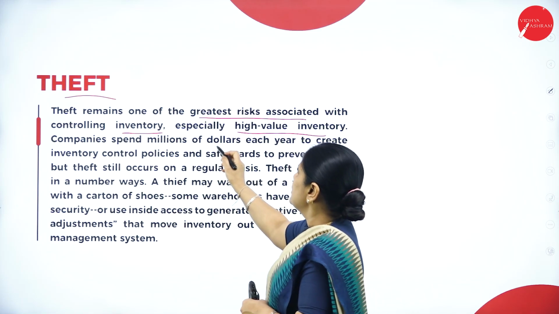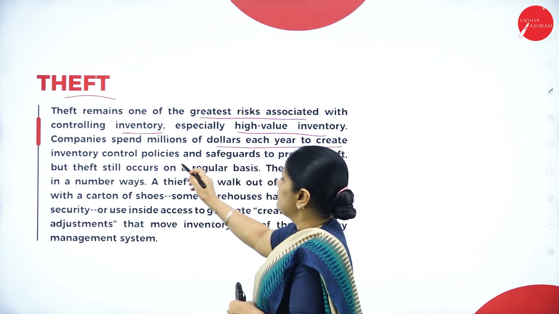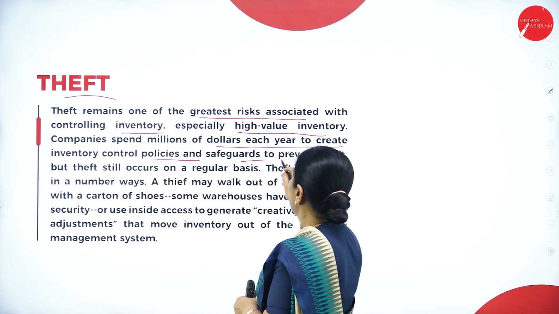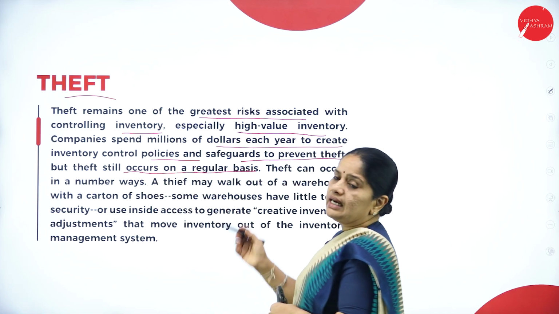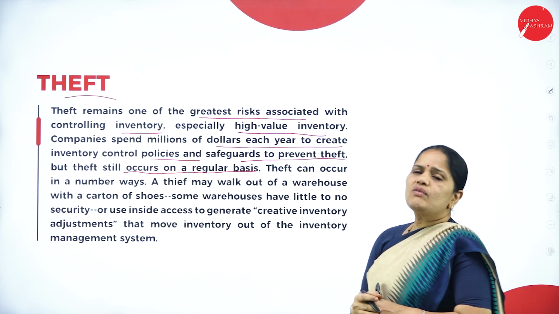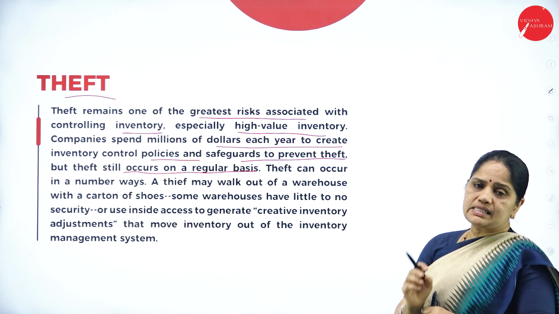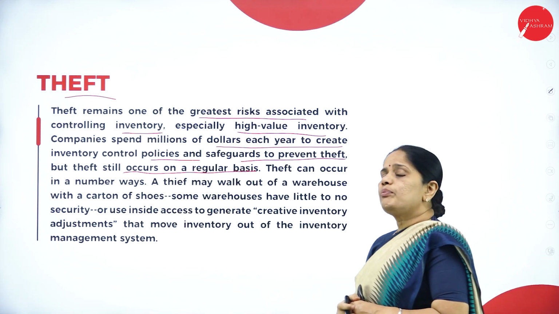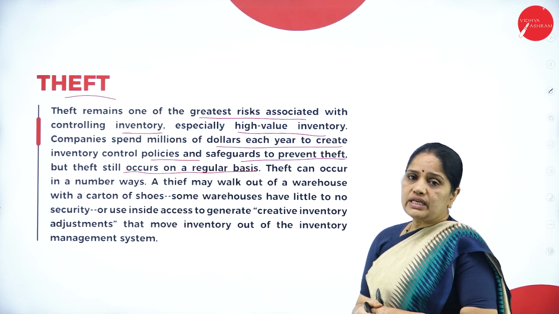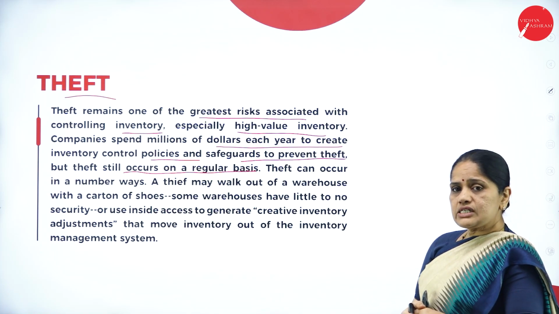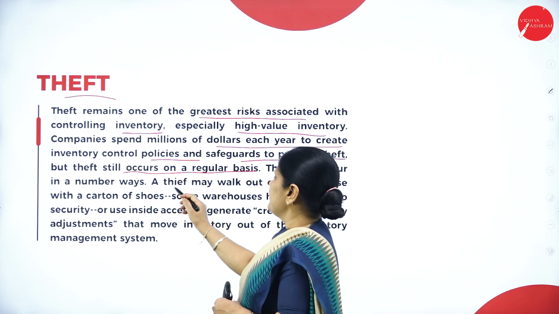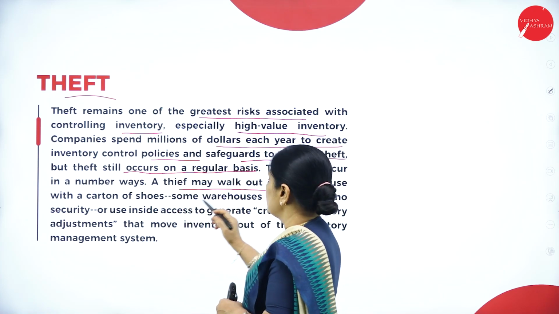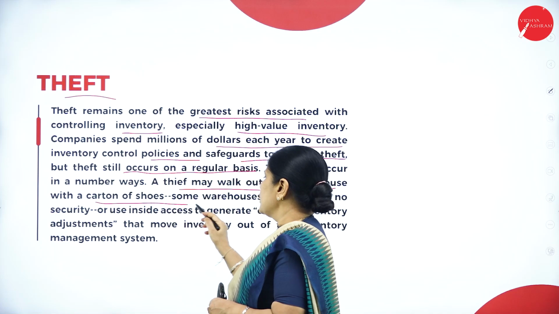Companies spend $1 million each year to create inventory control policies and safeguards to prevent theft, but it still occurs on a regular basis. No matter what inventory control policy the company has, it has to face this risk of theft. Theft can occur in a number of ways. A thief may walk out of a warehouse with a carton of shoes.